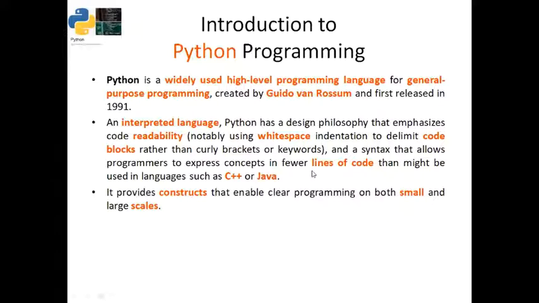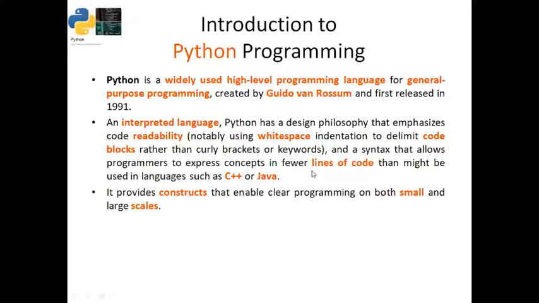Generally in C, Java, and other languages you will have curly braces. But in Python, you don't have curly braces. Only one colon operator covers the complete block of code. So that way indirectly we are going to reduce the code. That's the objective.